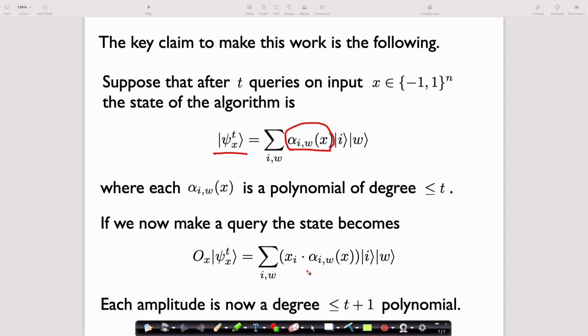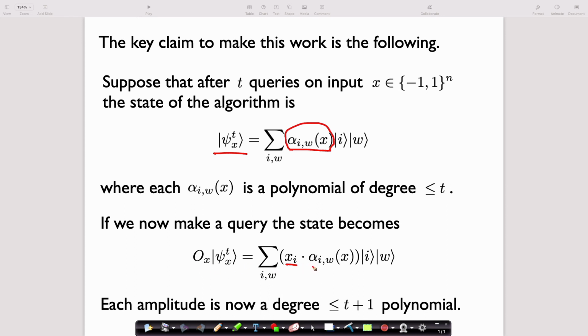This is what's really nice about the phase oracle and working with the -1 plus 1 representation of the function. If the ith bit of the input is -1, then the oracle multiplies the phase of the corresponding state by -1, and otherwise it multiplies it by 1. So actually what we're doing is just multiplying by xi. This is exactly our state after applying the oracle.